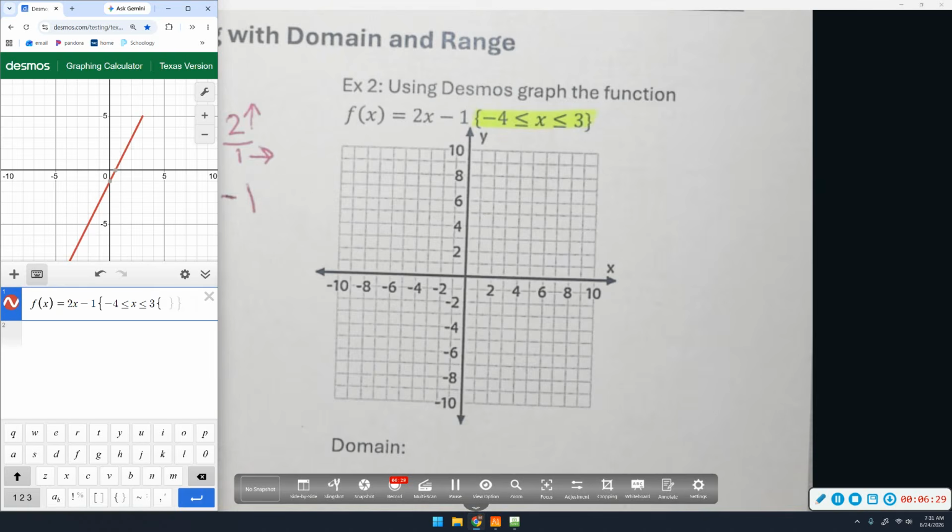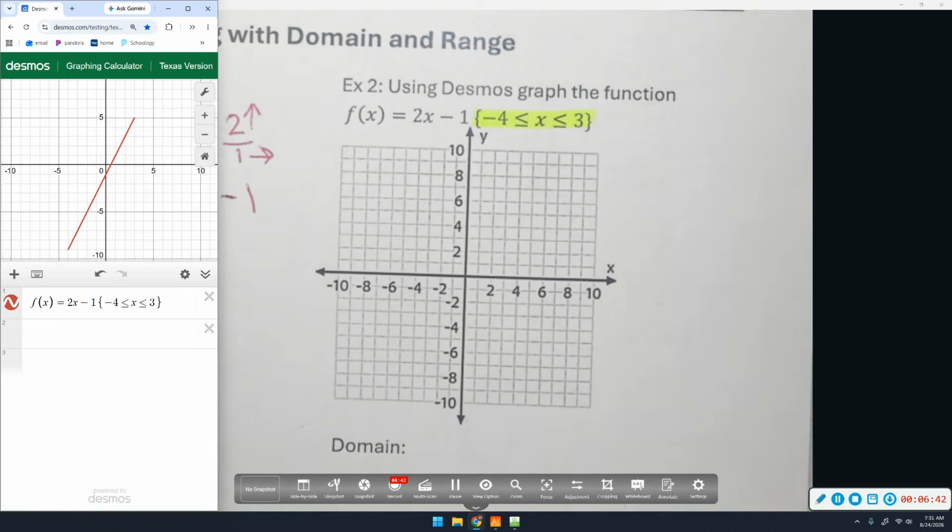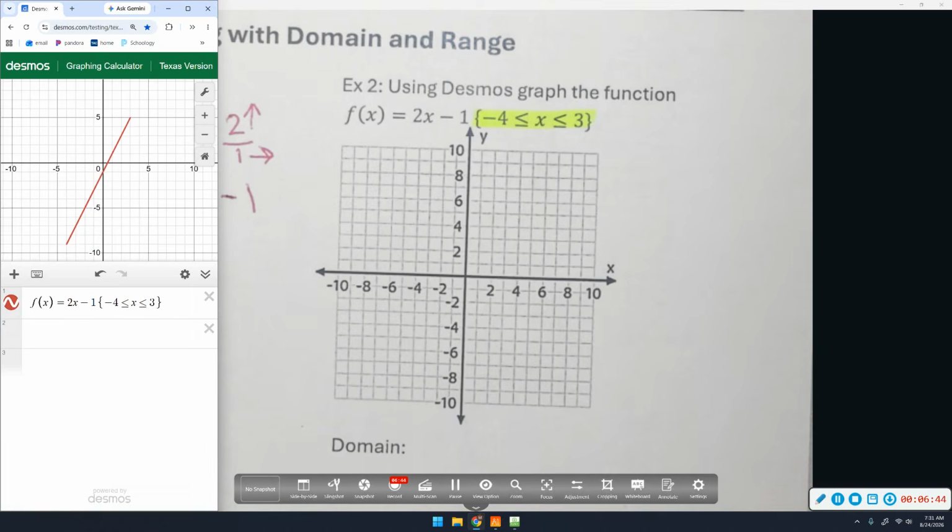Oh, not that symbol. Oh my gosh, what did I do? There we go. So everybody should have that typed in their calculator. Let's get it out.